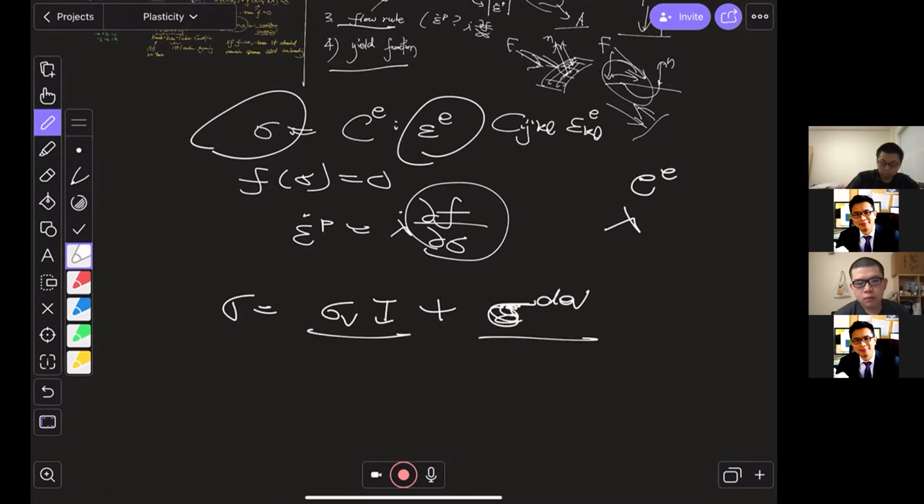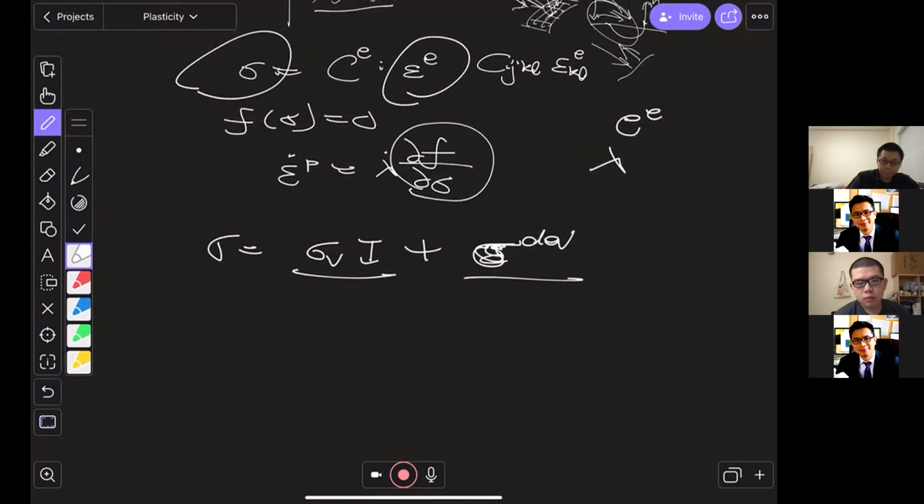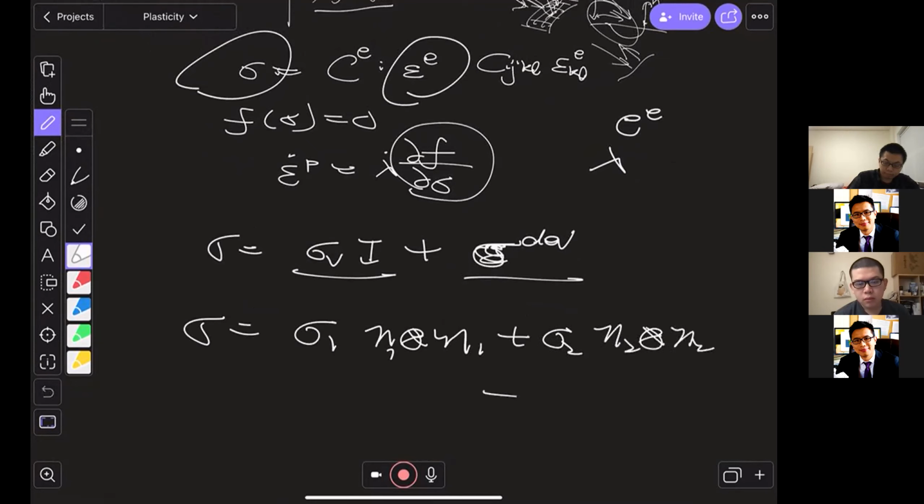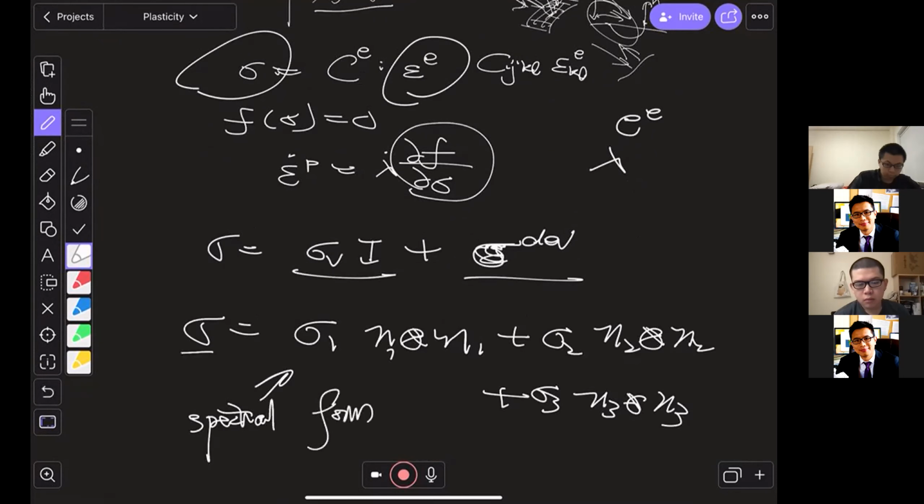And then from that, you can also have some simplifications, or stress can be written as sigma 1 times the eigenvector of sigma 1 plus sigma 2 times the eigenvector of sigma 2 plus sigma 3 times the eigenvector of sigma 3. This is called spectral decomposition, or the spectral form of the stress.